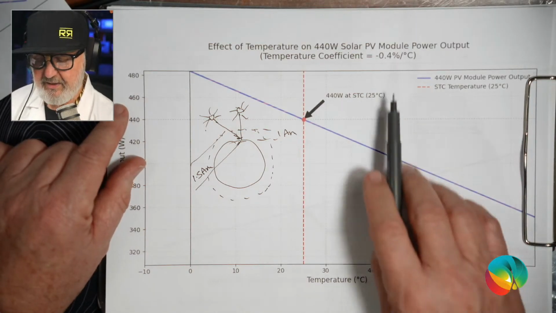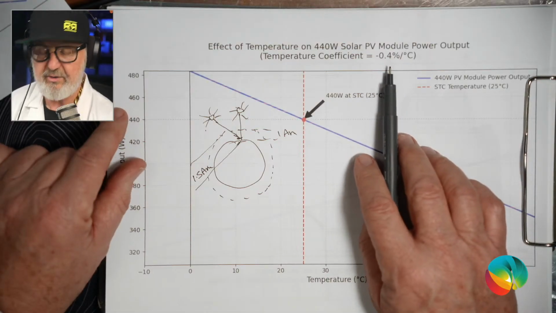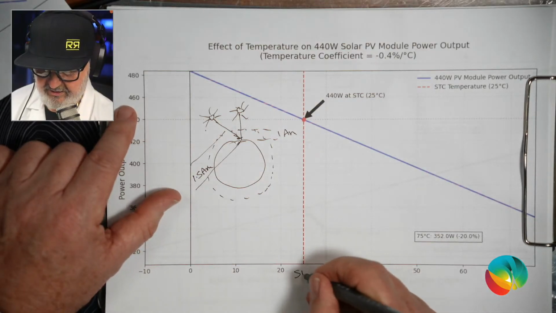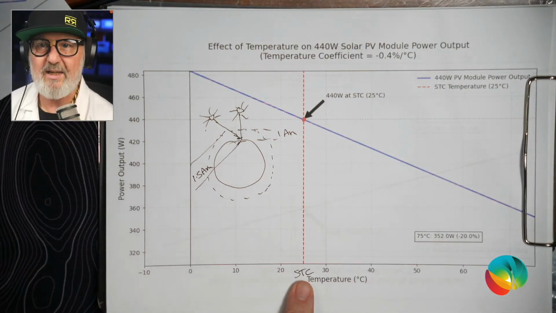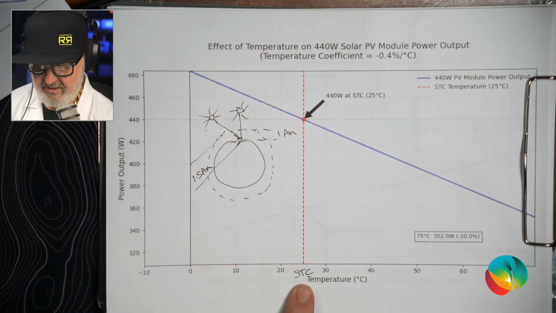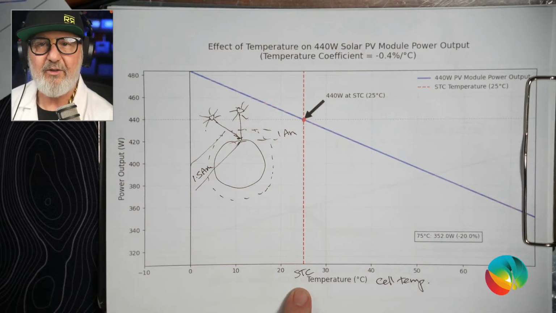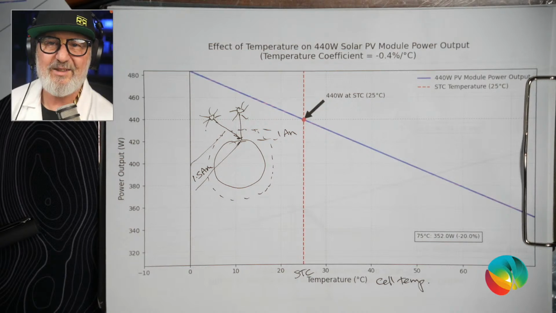And how much it decreases by is this coefficient. So in here, I've shown 0.4% per degree Celsius from test conditions. So that's standard test conditions here at 25 degrees. Now, I have to point out this is cell temperature, not ambient. And this is a big gotcha, because cells of a PV module perform or act similarly to metal in terms of their response to irradiation.